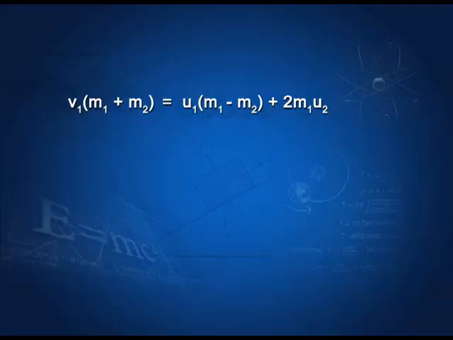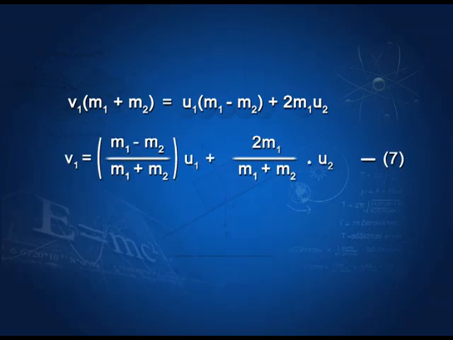This will give us v1 into (m1 plus m2) equal to u1 into (m1 minus m2) plus 2 m1 u2, which in turn gives us v1 equal to (m1 minus m2) upon (m1 plus m2), this whole thing multiplied by u1, and the second term here 2 m1 upon (m1 plus m2) into u2.